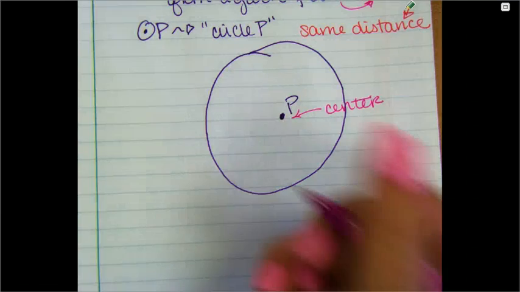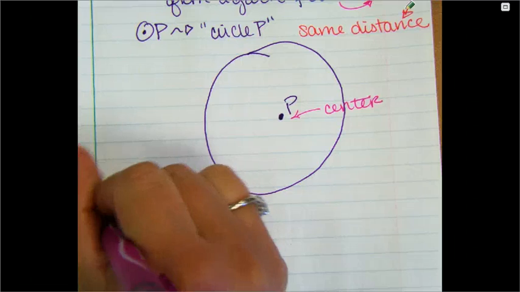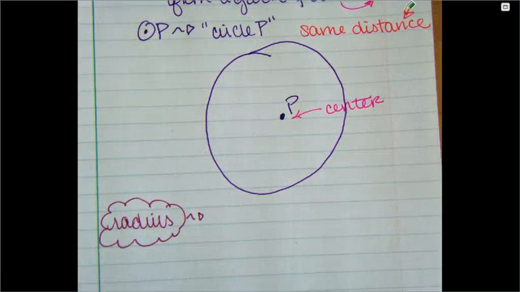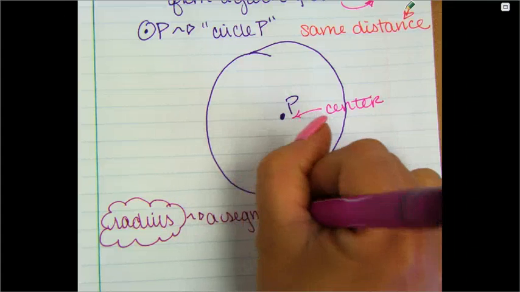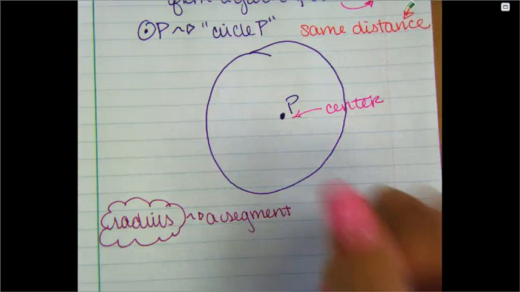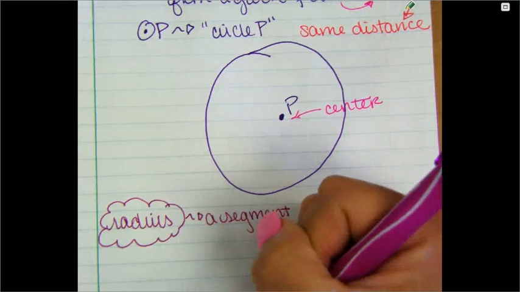Next word, radius. We're going to go back to our circle in a second and keep marking it up, but I'm going to define a lot of words, like 2 pages of words. So radius. Radius is a segment. What does it mean to be a segment? It's 2 points. Starts and stops. Like there's an ending and a beginning, right?